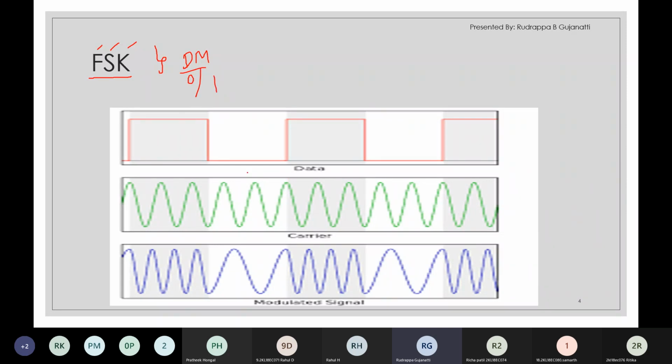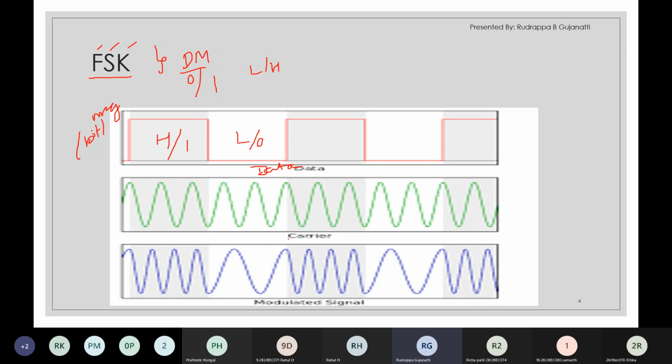Here we are representing data that is either logic low or logic high. This is high, which is logic 1. This is low, which is logic 0. So here we have a sequence of ones and zeros. This is the message signal, which is the bit stream.